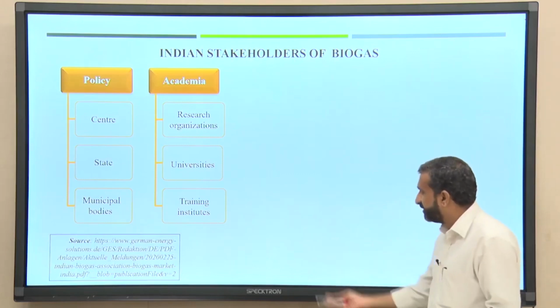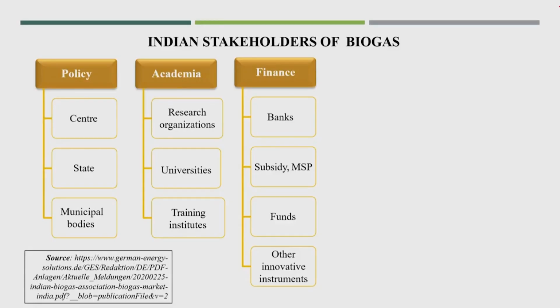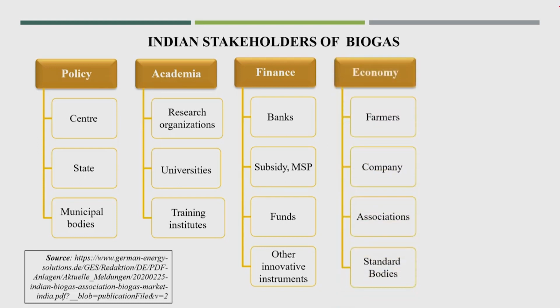Similarly, some universities and training institutes. Financing could be from banks, some subsidies, some funds, and some other innovative instruments. Economy-wise, it is beneficial to farmers, some companies, some associations, and some standard bodies.